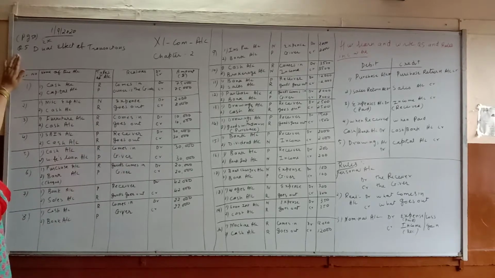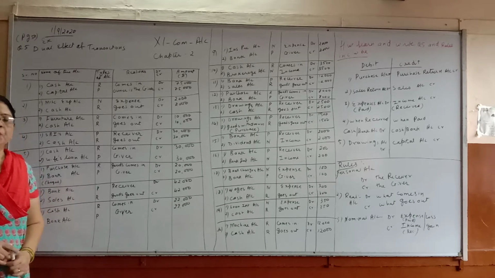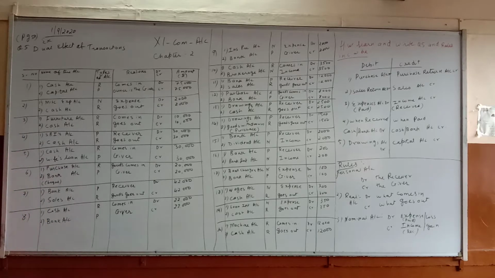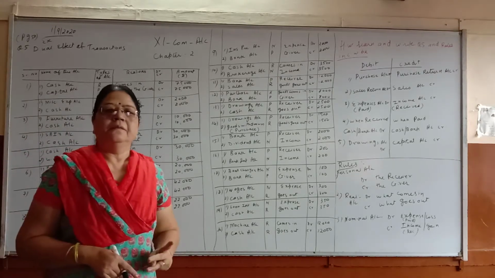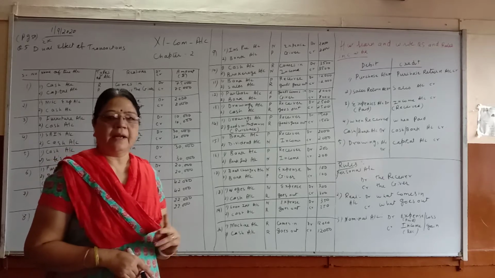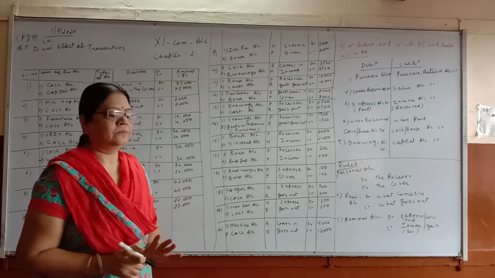Question 5. Exercise question 5, page number 50. As we have done dual effect of the transaction, in dual effect of transaction we have seen that you have to write debit and the other effect is credit.